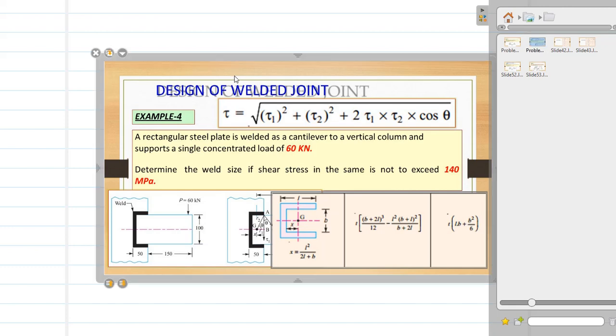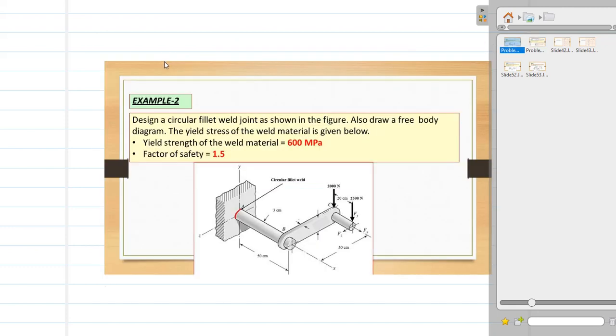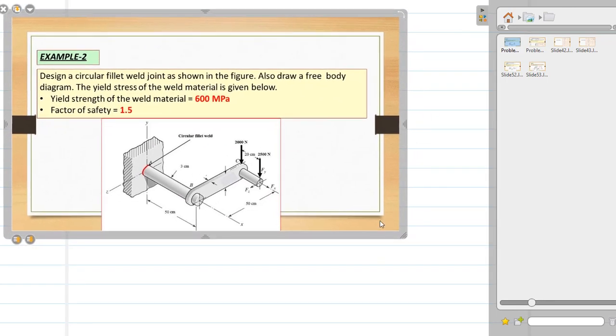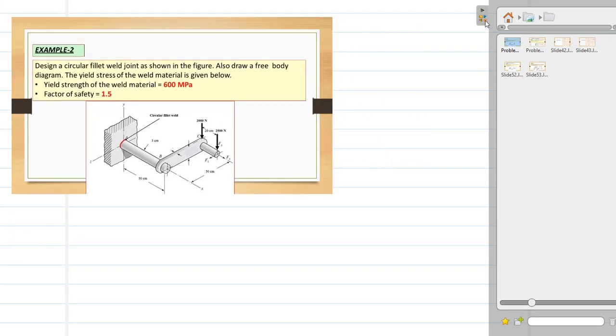Now, what if this same problem comes with a rectangular beam? So look at this. If I import the same problem, you will only be able to solve these problems in the exam if you practice them. The cases I am taking in this lecture, just try to solve those cases.